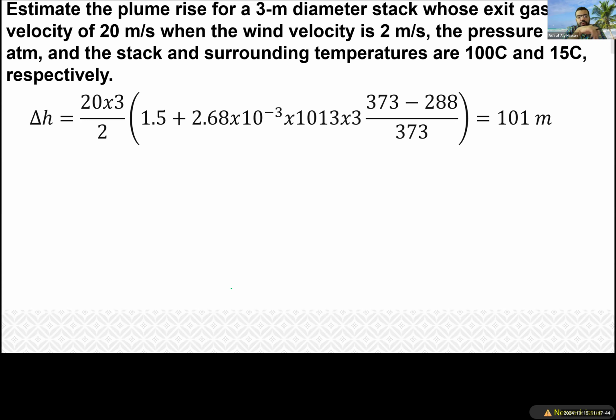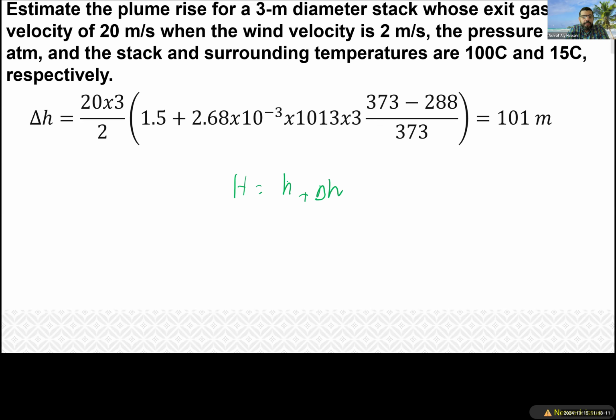Delta H is equal to 20 times 3 over 2 times 1.5 plus 2.68 times 10 to the power negative 3 times 1013 times 3, and then we convert this into Kelvin, 373 minus 288 over 373. This gives you 101 meters, and that's only delta H. So the effective stack height H is equal to the stack height h plus delta H.